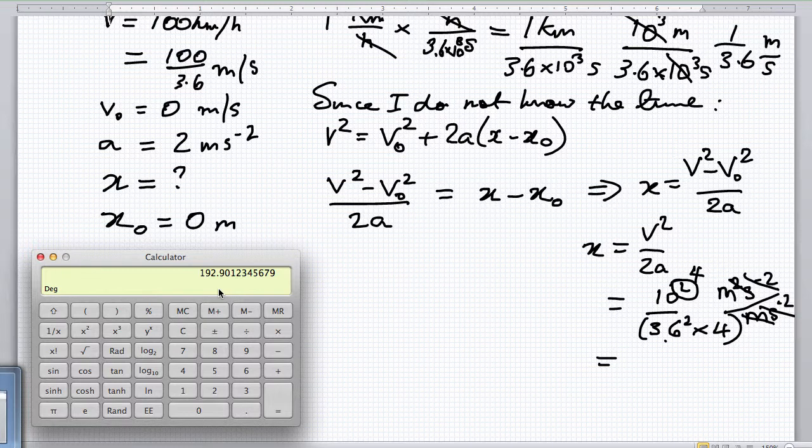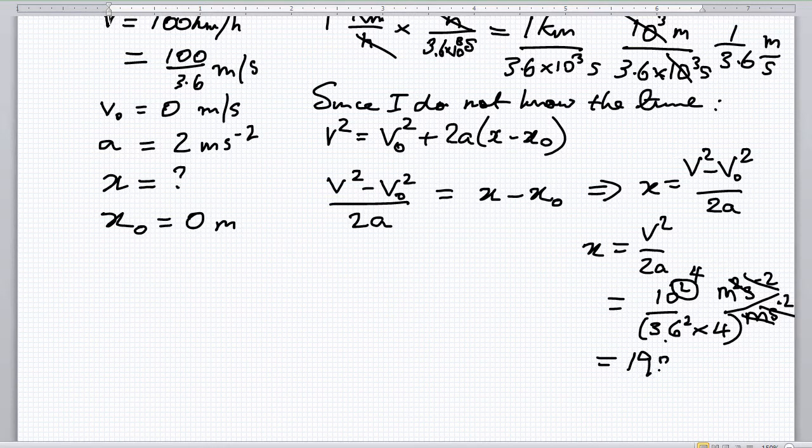So I asked myself, is that reasonable? Uh-oh, that's not reasonable. And I corrected myself. And because I was doing it out like this, I could easily see where I'd made my error, right? So now I'm going to come over here and I'm going to write down my answer, which is 192 meters.